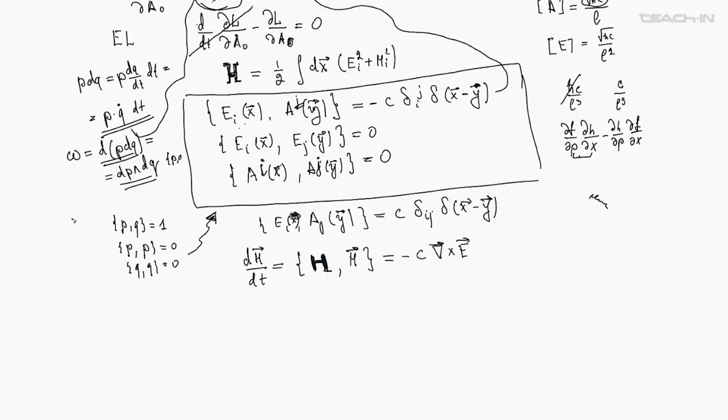And dE over dt will be the Poisson bracket of the Hamiltonian with E. Just a second, I have to change the pen because mine is not really writing.